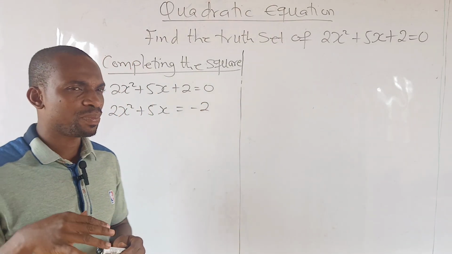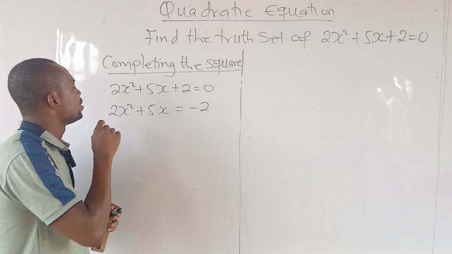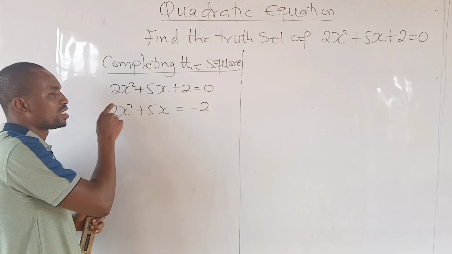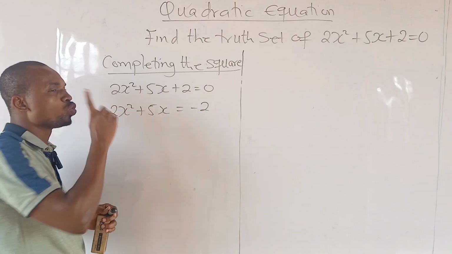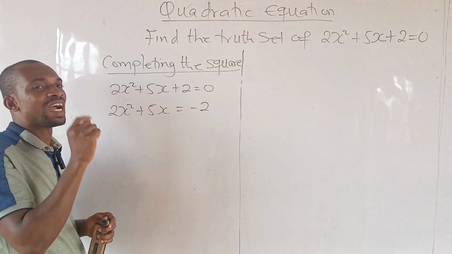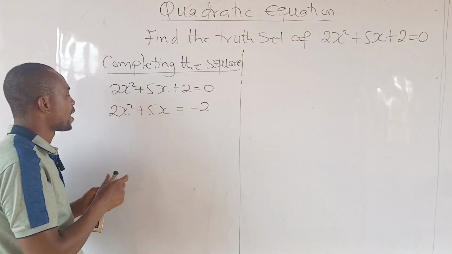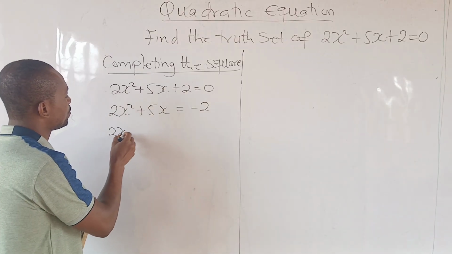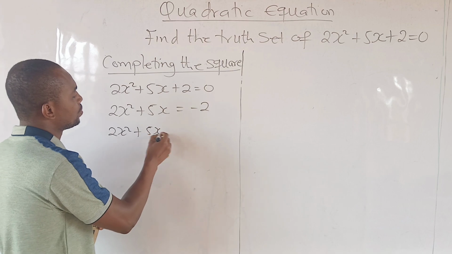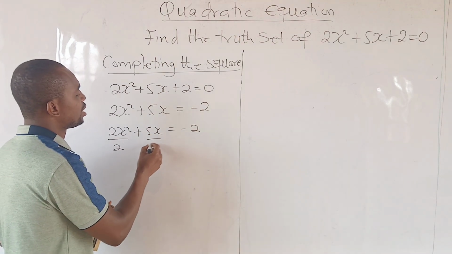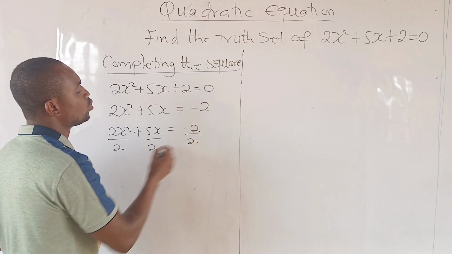Now the next step, you make sure that the coefficient of the x squared here is equal to 1. But here it is 2. So it means you have to divide both sides by the coefficient of the x squared. So you divide here by 2, divide here by 2, divide here by 2.